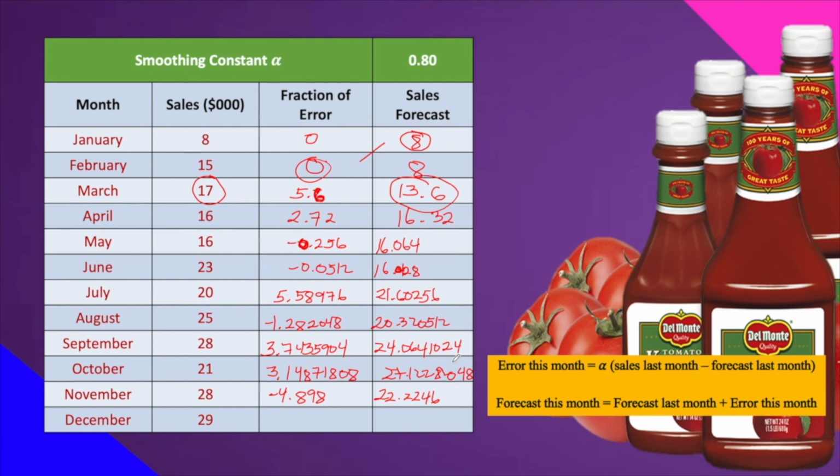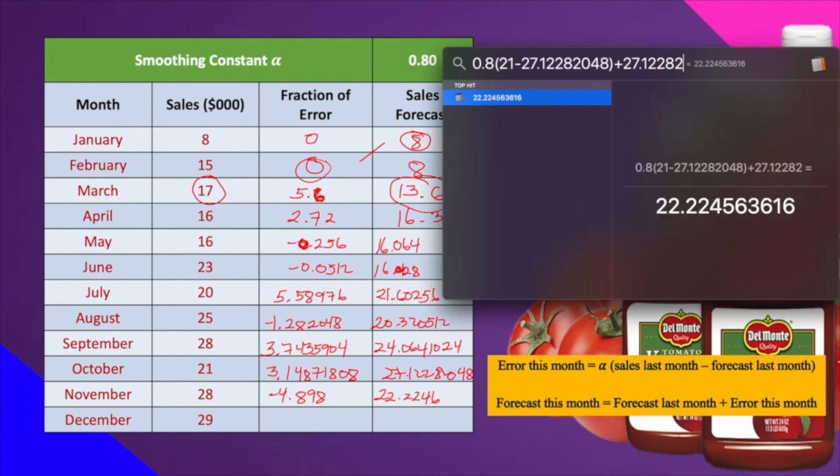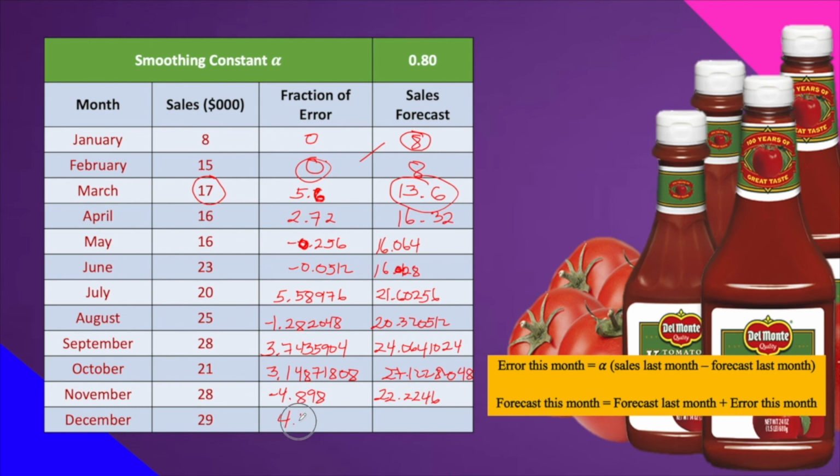We have the December na. So, for December, again, we have here 0.8 na smoothing constant. Multiply to 28 minus 22.2246. We have 4.62. Positive.